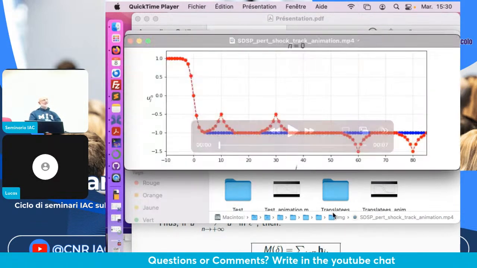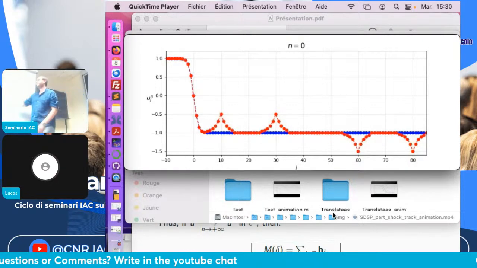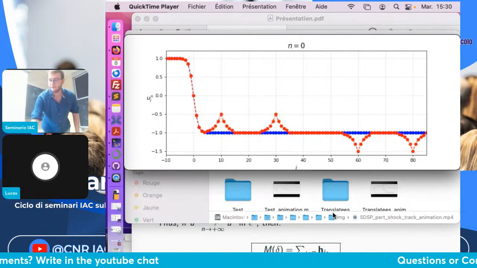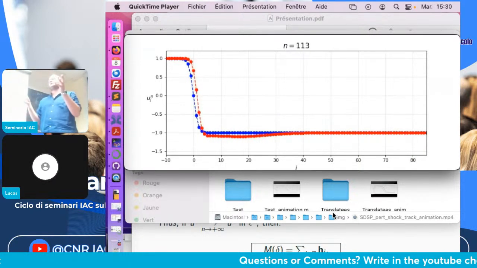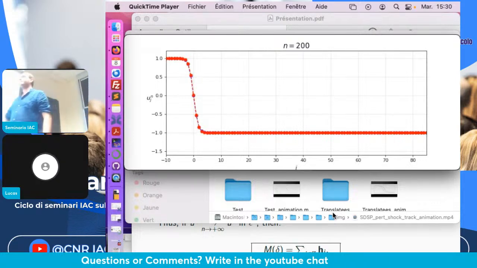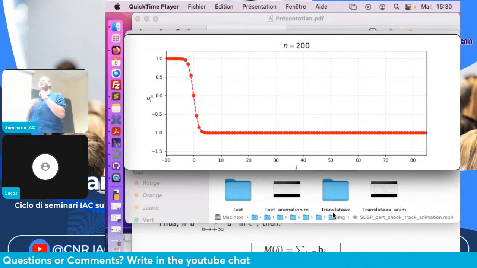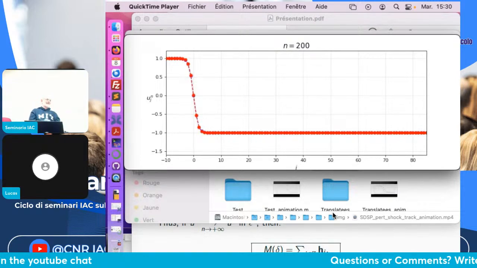But if I apply this, they're just traveling at the same speed, so they don't really interact. They can't interact because they are really just translated. They are traveling at the same speed because they're the same size. If you take really different sizes, they are traveling at different speeds, so I'm not sure.